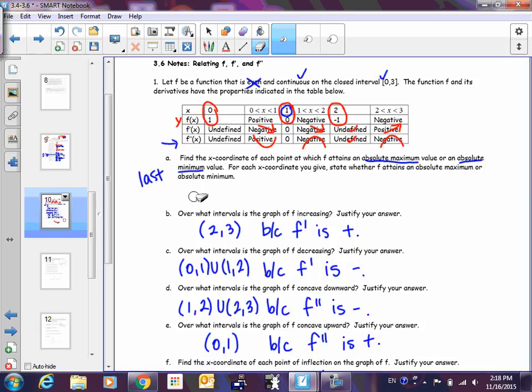Okay, so we said we were going to do A last. And so by just looking at your graph, you should be able to figure out the absolute max and the absolute min. Now, they only want the x coordinate. So I'm going to give that.